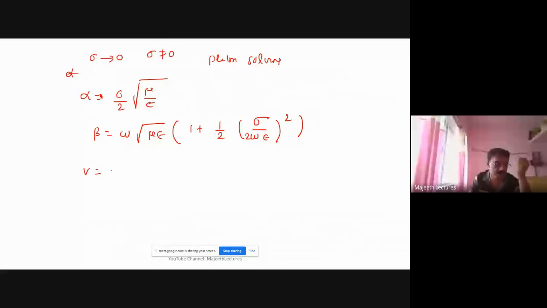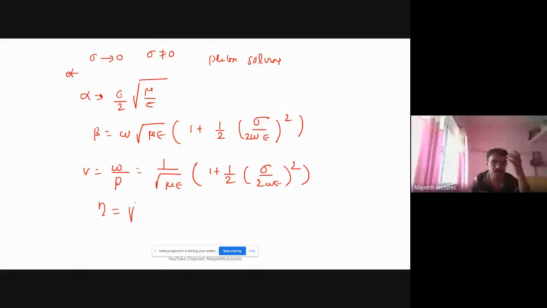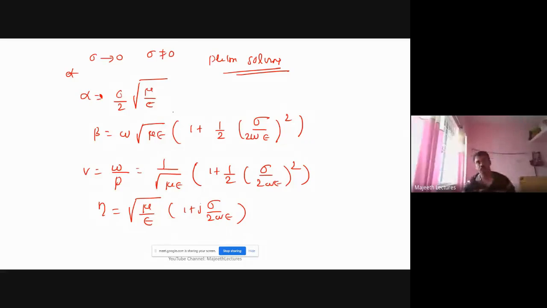V is equal to omega by beta, that we know, so 1 by root mu epsilon into the same factor. And eta is equal to root of mu by epsilon into 1 plus j sigma by 2 omega epsilon. These parameter values you use to solve the problems.